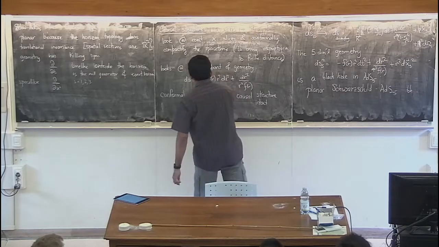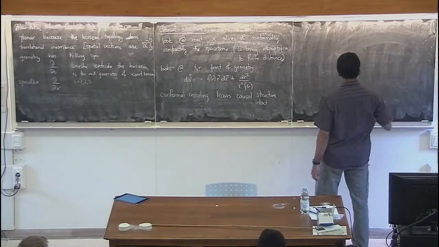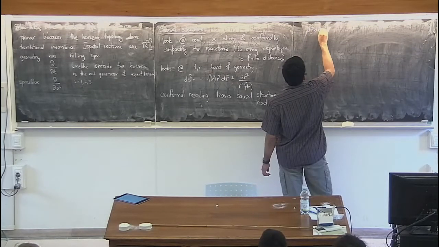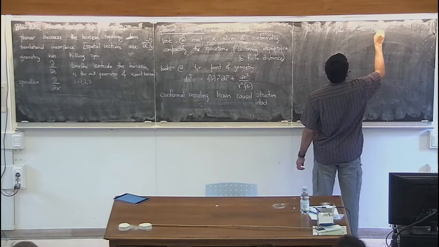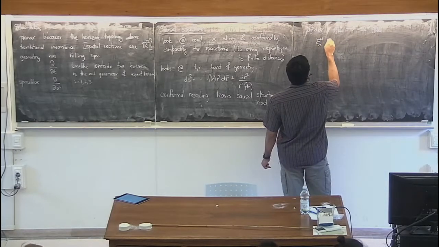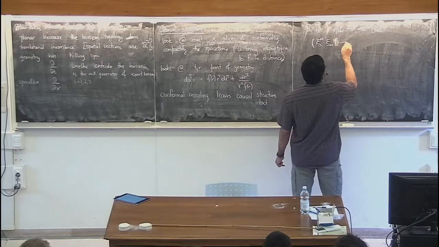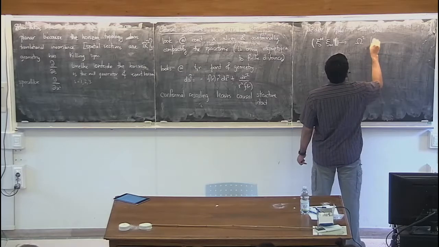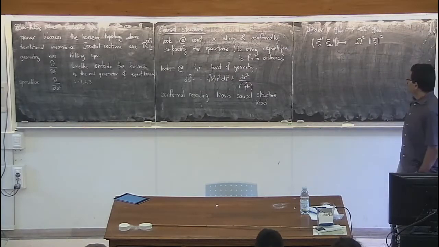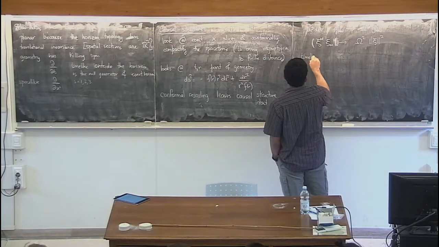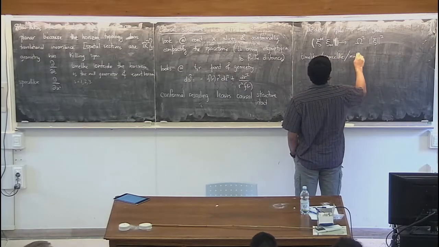Because if I take my metric and do a local Weyl rescaling, the inner product between vectors changes, but since this is a positive definite function, time-like vectors stay time-like, space-like vectors stay space-like, and null vectors stay null.